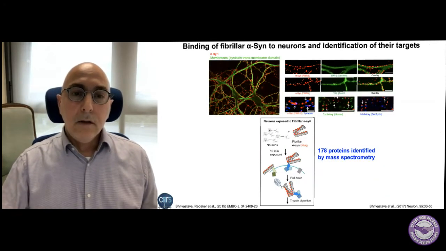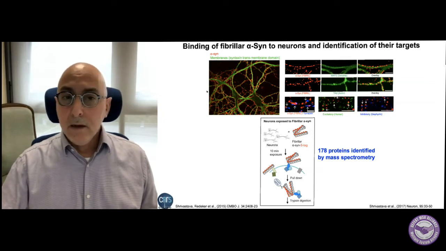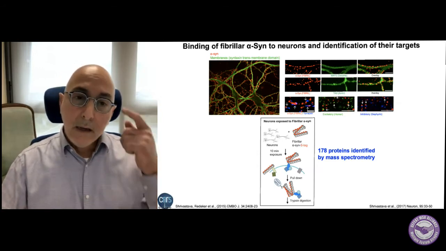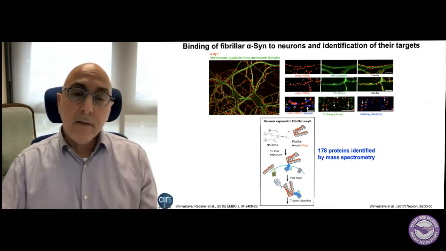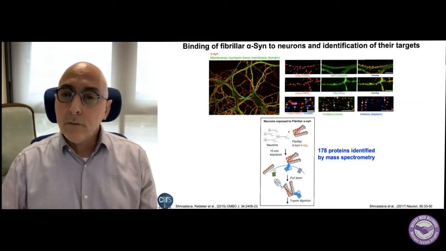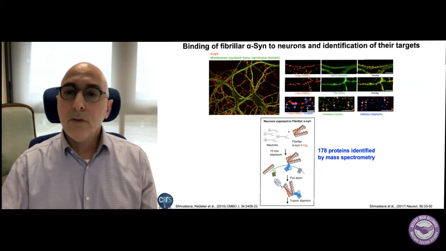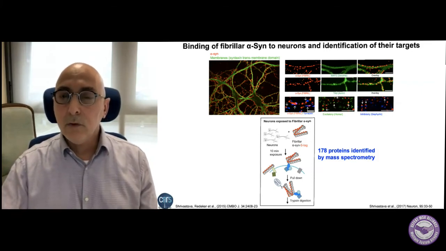So the neurons bind these fibrils. They are labeled in red. The neuron membrane is labeled in green here. And we ask the question, what structure of the neuron do these fibrils bind to? As you know, the neurons have dendrites and axons.